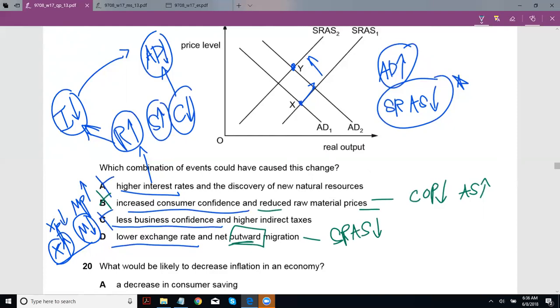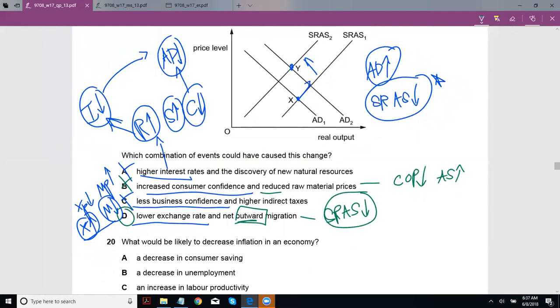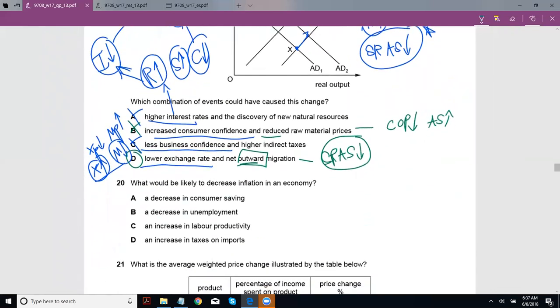It also decreases that because now you have less people, a smaller workforce, so the ability to supply decreases at every price level. Hence you can go with D.